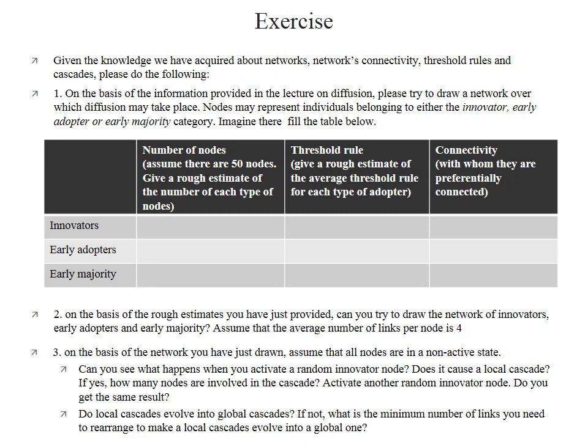Do you get any cascade? If you get a cascade, is it a local cascade, which means it activates a number of nodes but fails to penetrate a large fraction or even the whole network? If these types of cascades, on the basis of the threshold rules and the connectivity you have assigned, are local, is there a way to rearrange a few links in order to cause a global cascade?